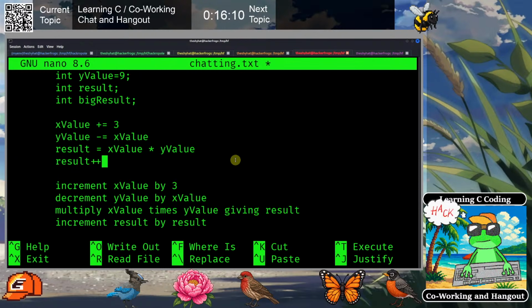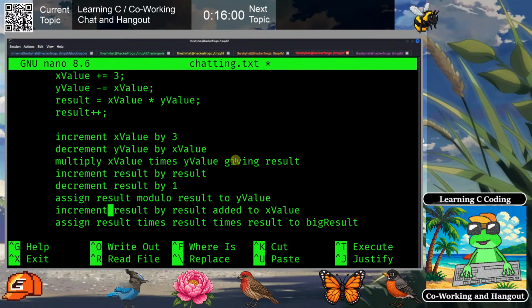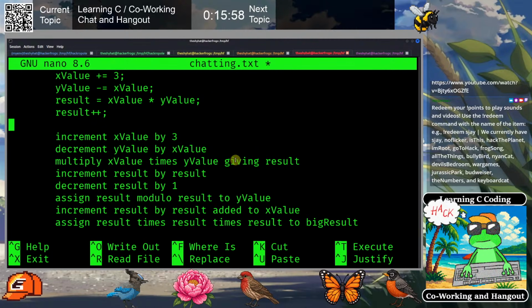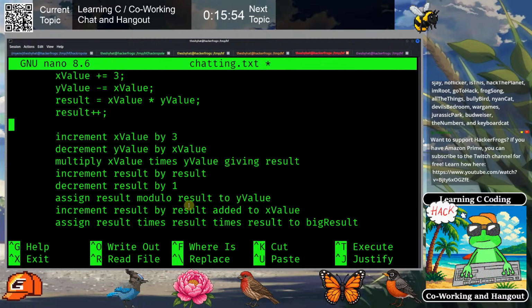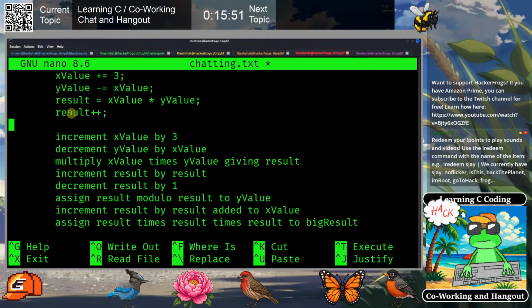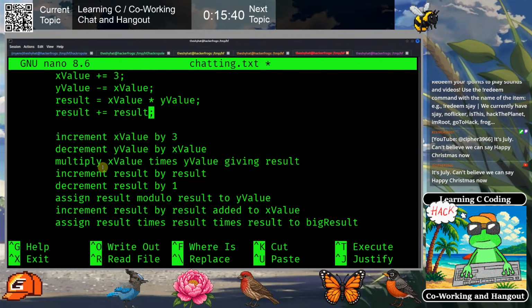Result plus plus. So of course, because this is C, all of these statements have to have a semicolon at the end of them. So increment result by result, decrement result by 1. Increment result, oh sorry, increment result by result is not this. It's result plus equals result, like this.